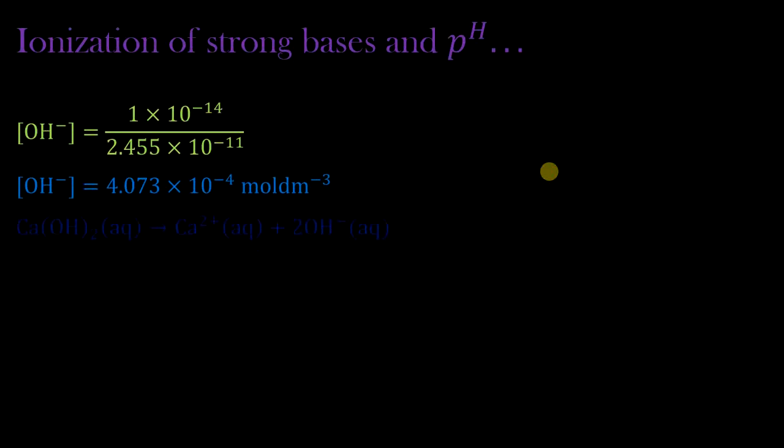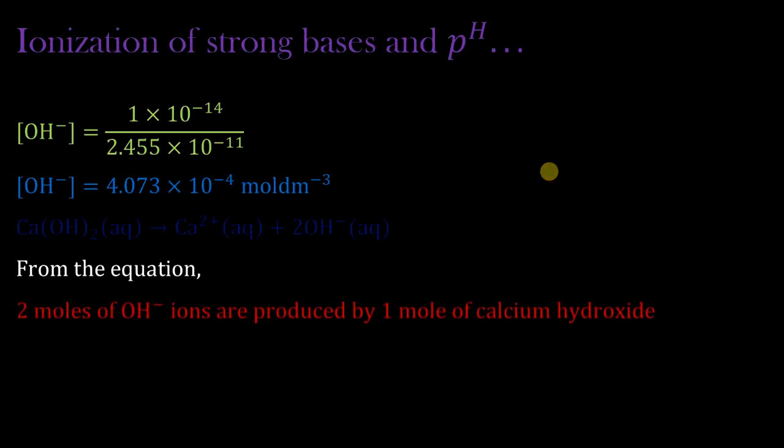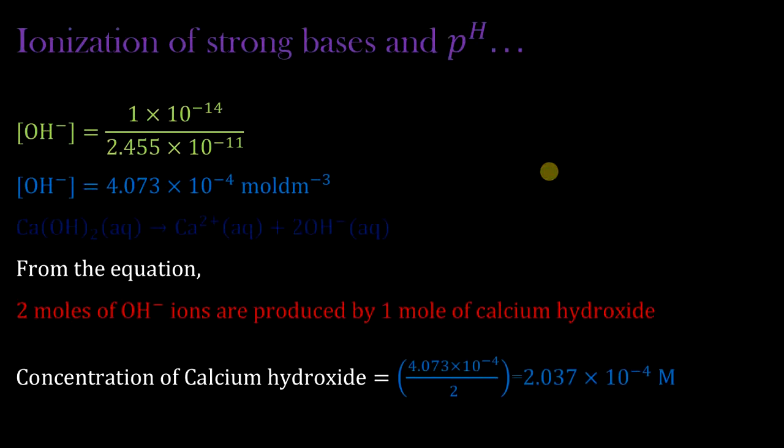Then from that equation, we can clearly relate that 2 moles of the hydroxyl ions are produced by 1 mole of calcium hydroxide. So this implies that 4.073 exponent negative 4 moles of hydroxyl ions are produced by half the moles of that hydroxyl ion for the calcium hydroxide.